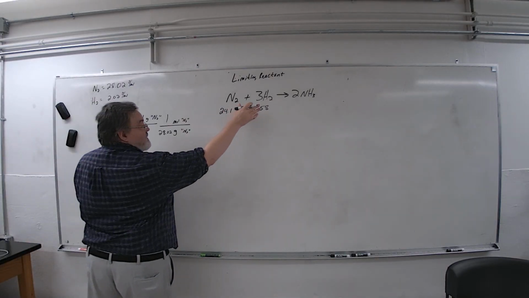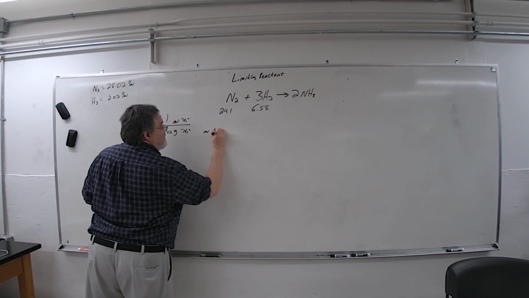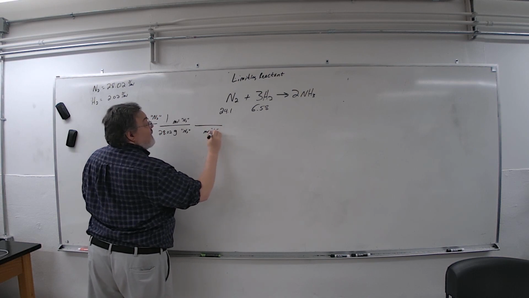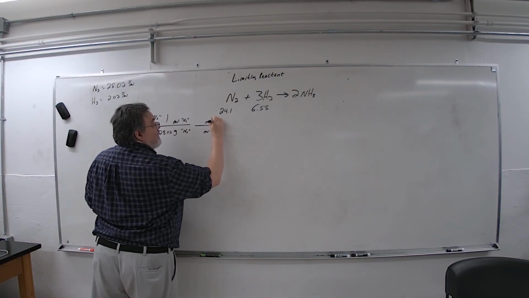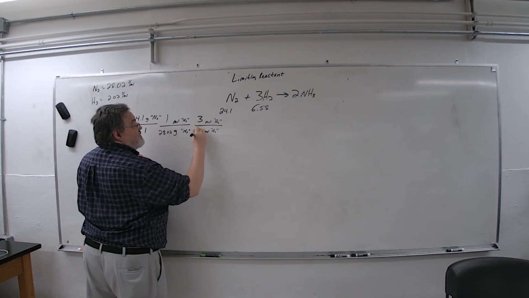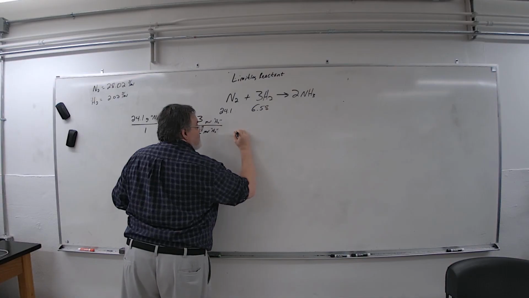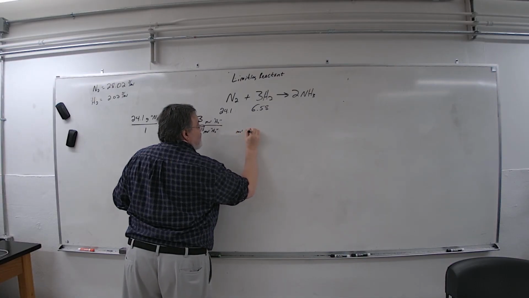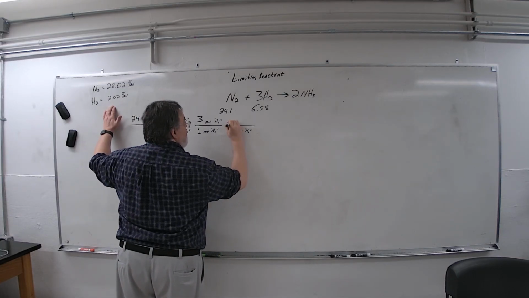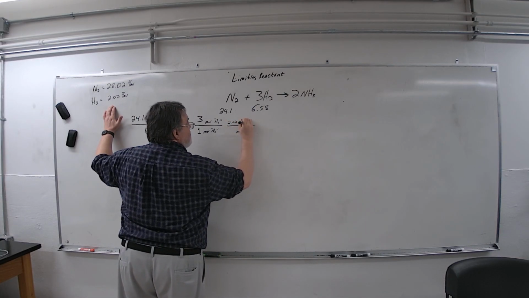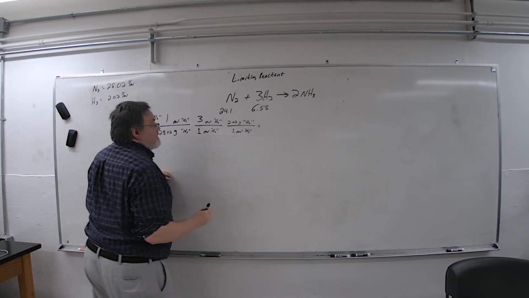Okay, now the molar ratio between these two. Moles of N2 on top, moles of N2 on bottom, moles of H2 on top. You got 3 moles of H2 to 1 mole of N2. Now we got moles of H2 on bottom, grams per mole for H2, 2.02 grams of H2 to 1 mole of H2.